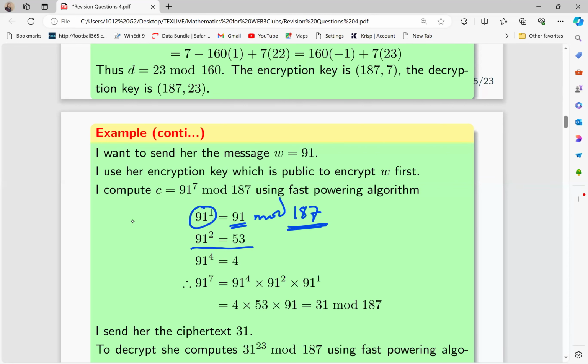Mod 187 means you divide by 187 and write the remainder. That was 91 squared. Then you divide by 187 and note the remainder.